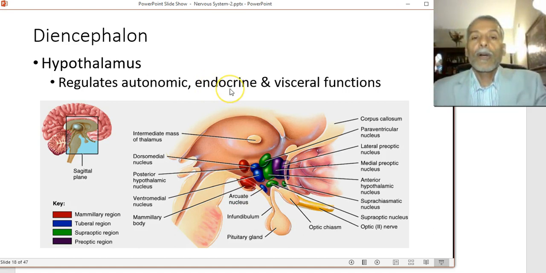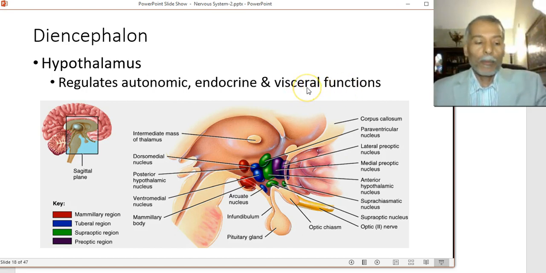It controls the functions of the glands in your body, like sweat glands, the earwax glands, thyroid gland, different kinds of glands that you have, and also sexual glands and organs. And it also controls visceral functions inside of your trunk.